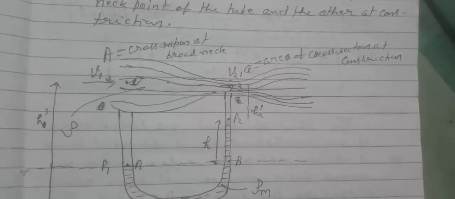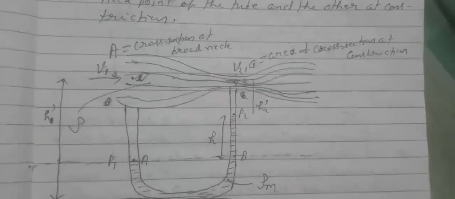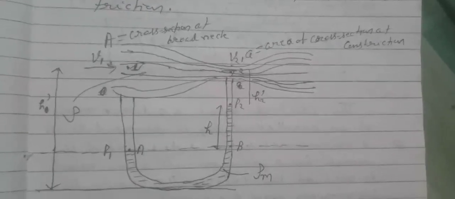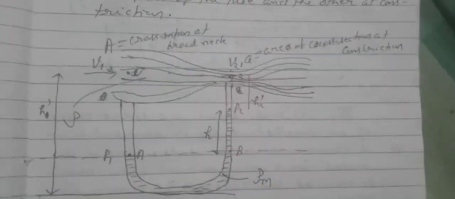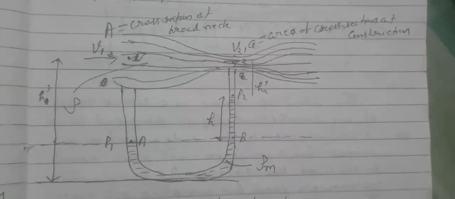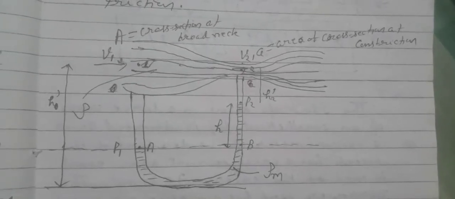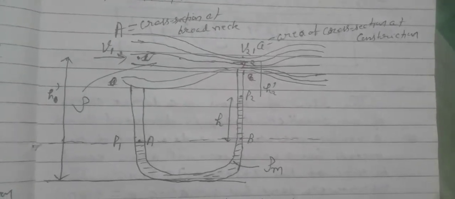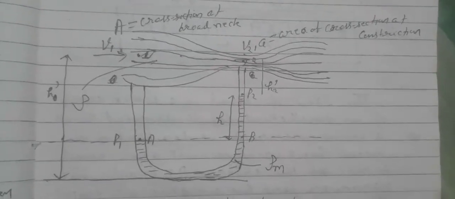Small a is the area of cross section at the constriction, and capital A is the area of cross section of the broad neck. Here fluid velocity is V1 and density of liquid is ρ, and at the constriction fluid velocity is V2, and in the manometer point P2 is at h2 distance from the constriction.